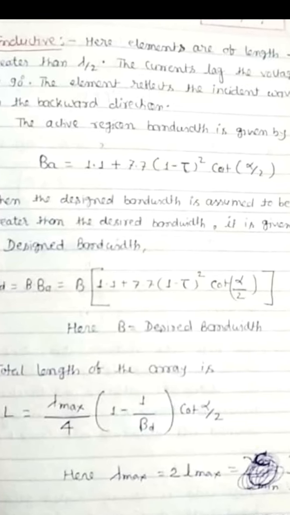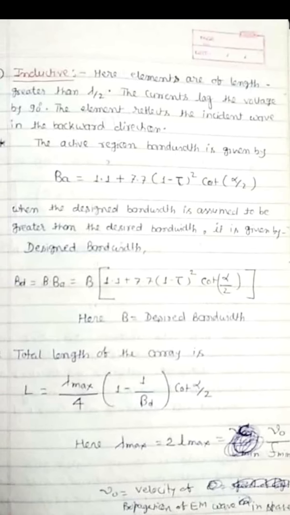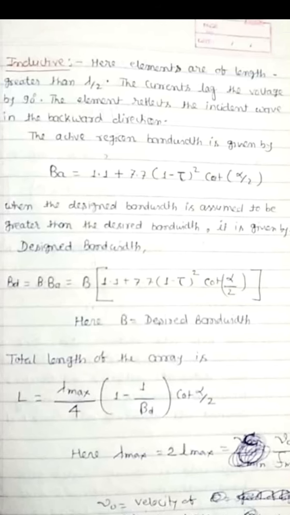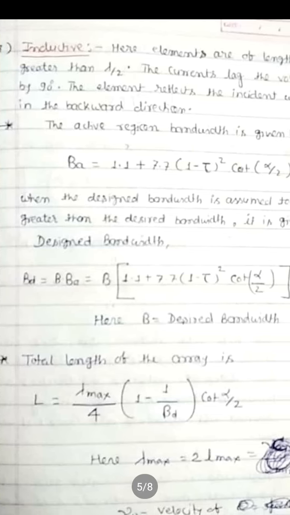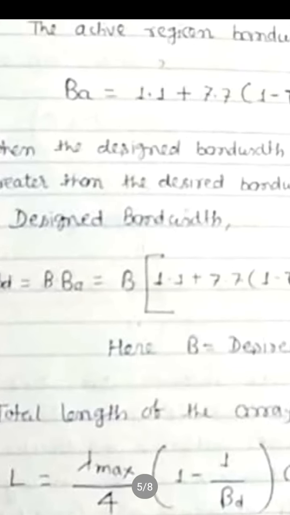BA means the active bandwidth is equal to 1.1 plus 7.7 bracket 1 minus tau whole square cot alpha by 2. When the designed bandwidth is assumed to be greater than the desired bandwidth, it is given by the desired bandwidth BD, and the desired bandwidth is beta times the active bandwidth.